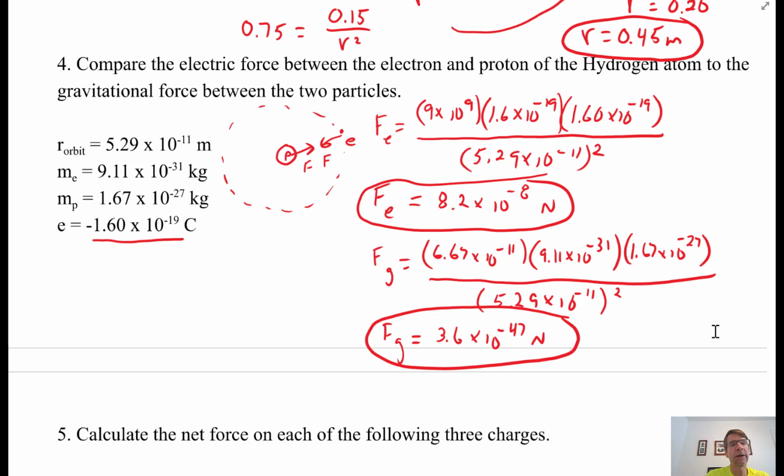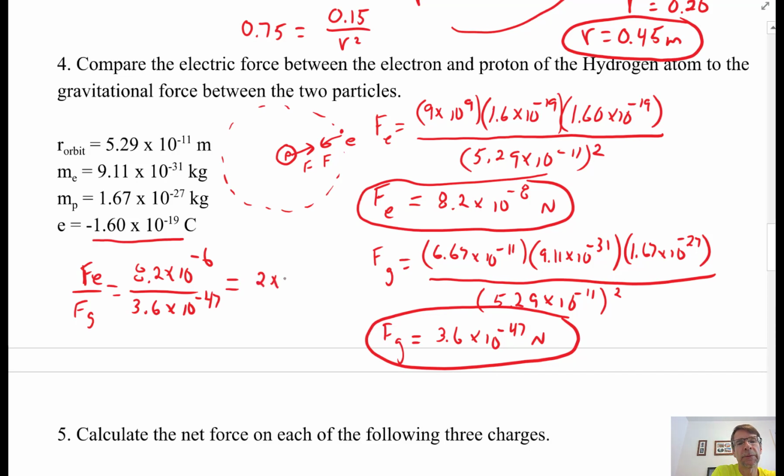Well, the way you compare things, once again, is you take the big one over the small one. Take the electrical force over the gravitational force, if you want to compare them. So it's going to be 8.2 times 10 to the negative 6th, divided by the 3.6 times 10 to the negative 47, which equals roughly 2 times 10 to the negative 39th.